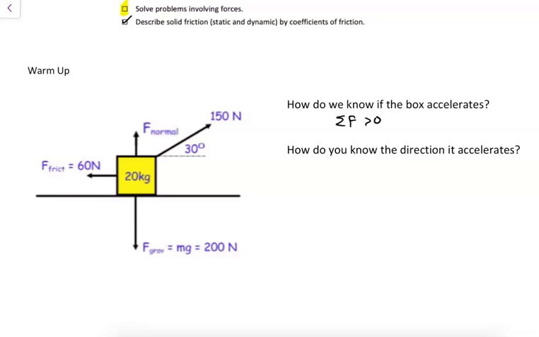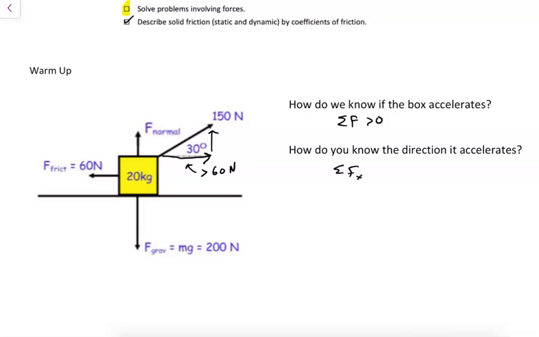Well, we would have to find the component here, and decide if this component is greater or less than 60 newtons. So this is the net force in the x direction, because we already know that the normal force is greater than 0.